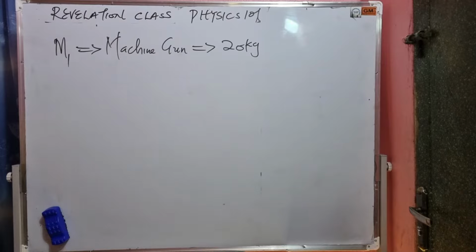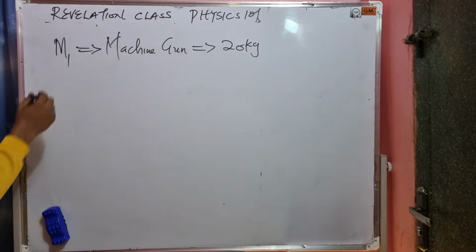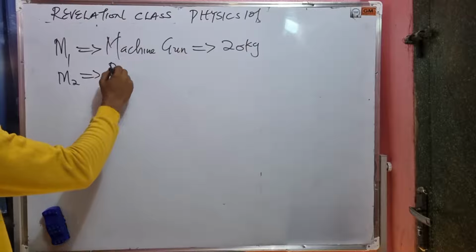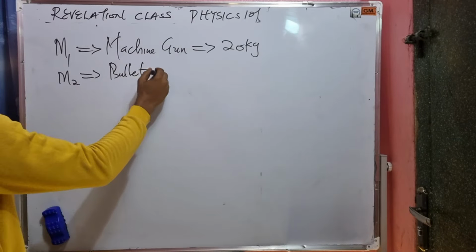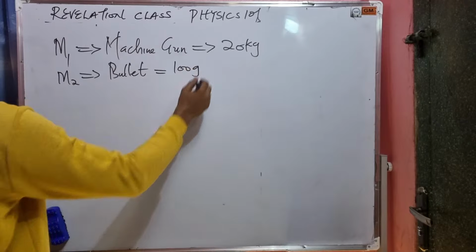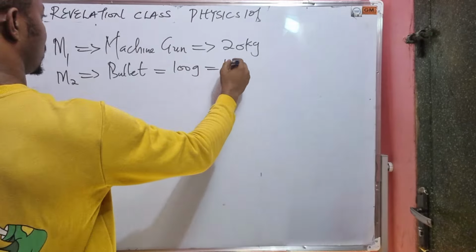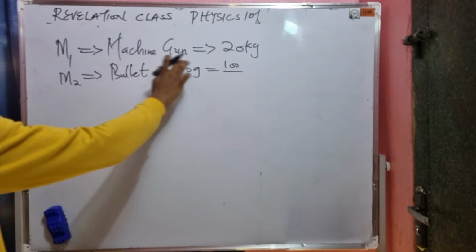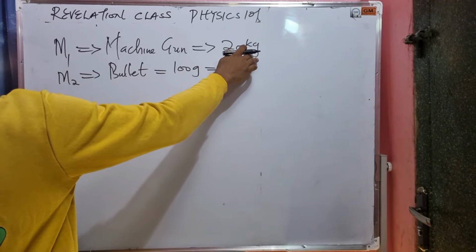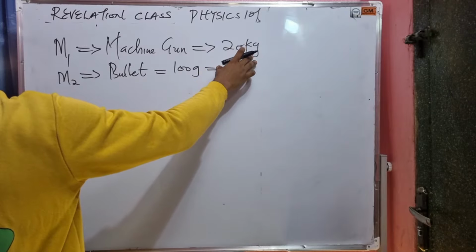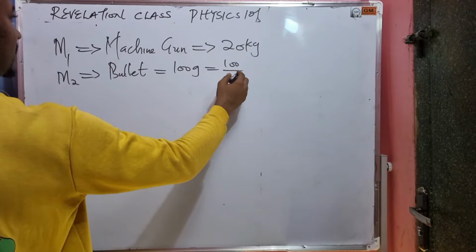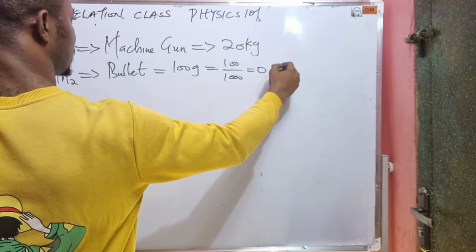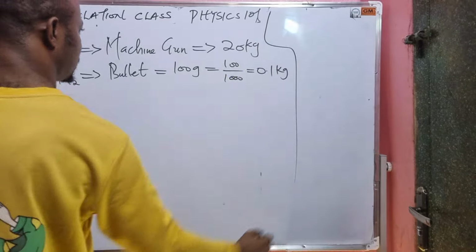It fires a bullet of mass 100 grams. Let's use M2 as the mass of the bullet. We are told it is 100 grams, so we convert this to kilograms. The mass of the machine gun is already in kilograms, so we'll leave it that way. But that of the bullet is in grams, so I'll convert to kilograms, dividing by 1,000. This will give us 0.1 kilogram.